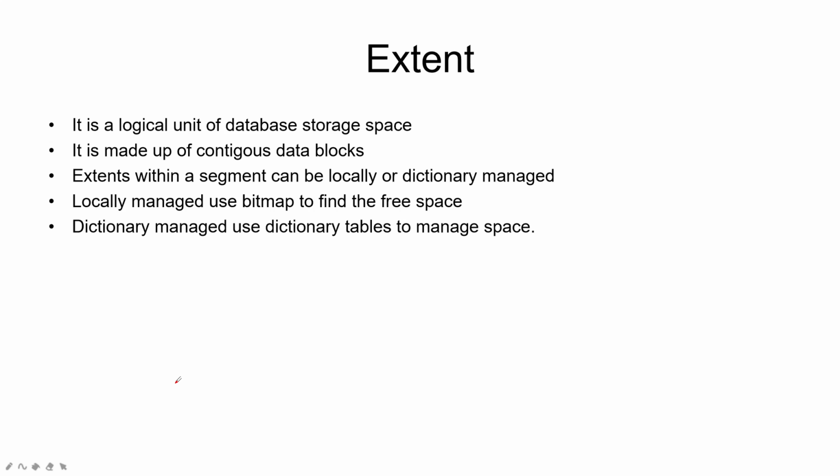There are dictionary tables where it will be storing that information. So this is how the dictionary management is done. That is more like an auto allocate, a parameter that we use as auto allocate. So that is how it will be working. Now let's go to the next slide.